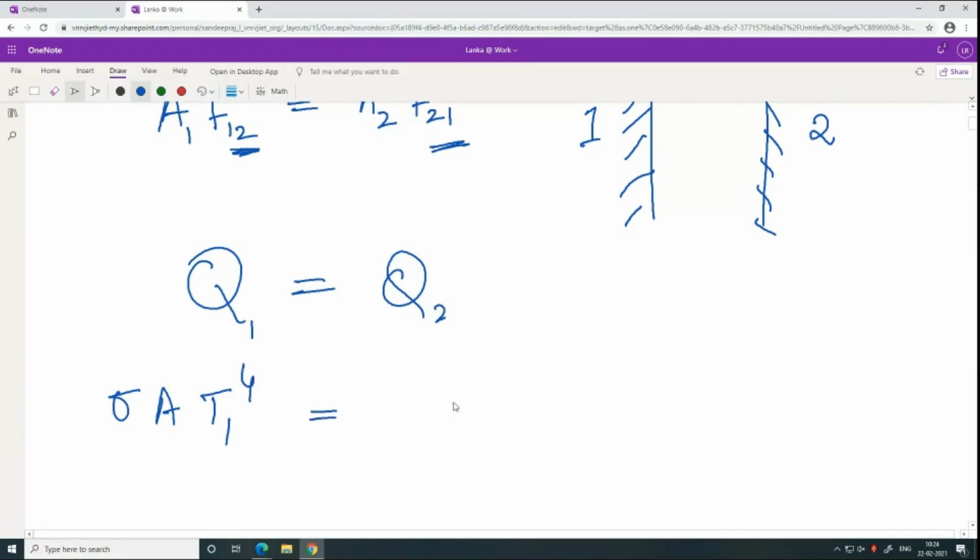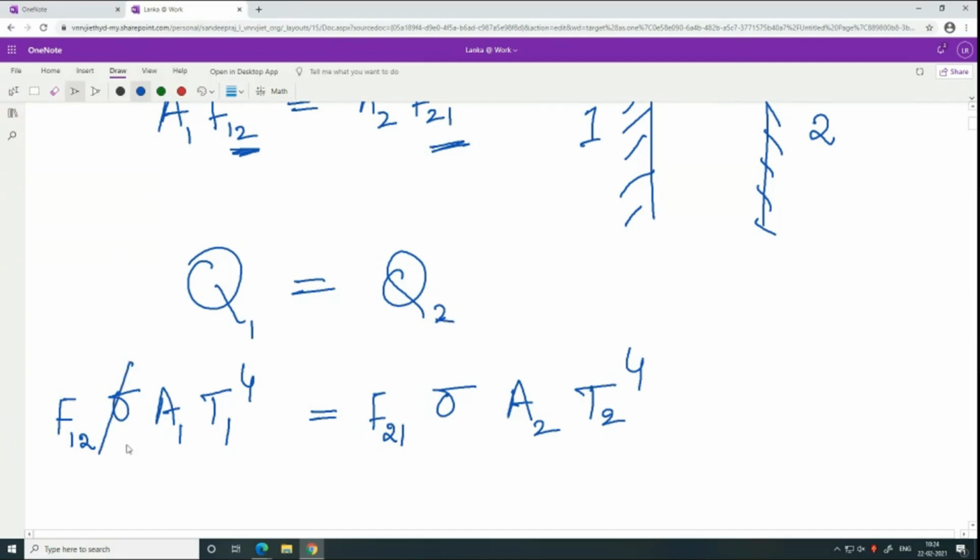On the other side, sigma into A into T2 to the power of 4. This will be area 2 and this will be area 1. The sigma will be the same for both. But in order to equate these two, you should take the shape factor. That's the important thing here. You have to take F12 on one side and F21 on the other side.